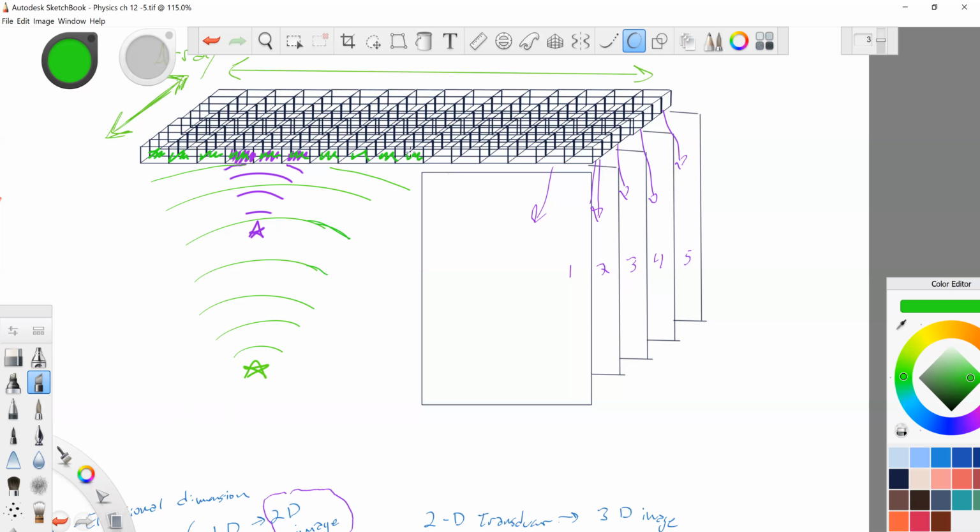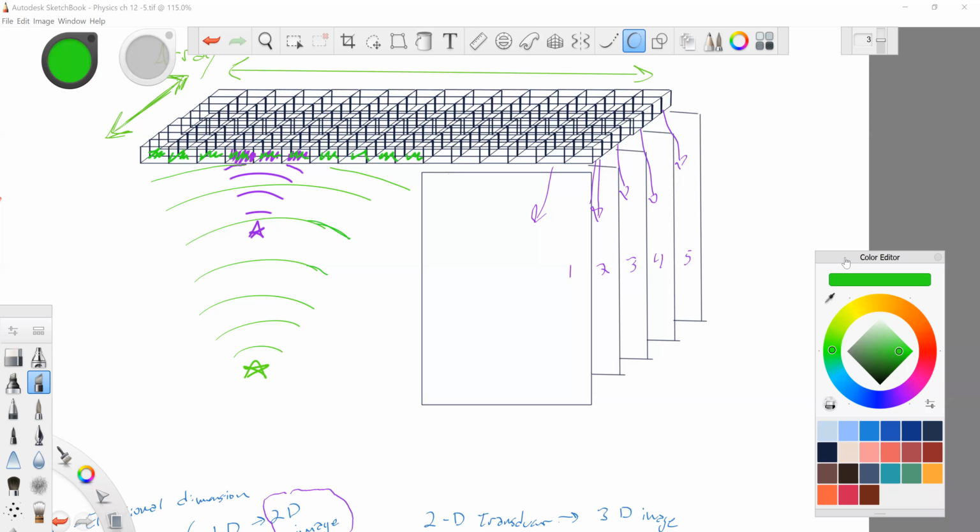And the same thing on the receive. And so the listening elements change with time. Let me add a third color in here, just as an understanding.